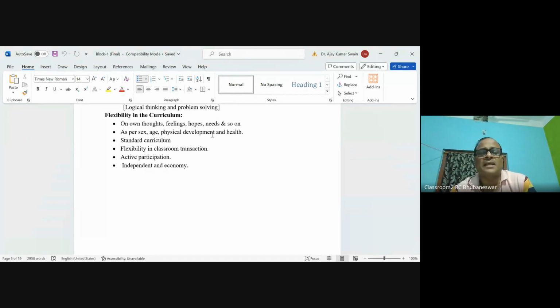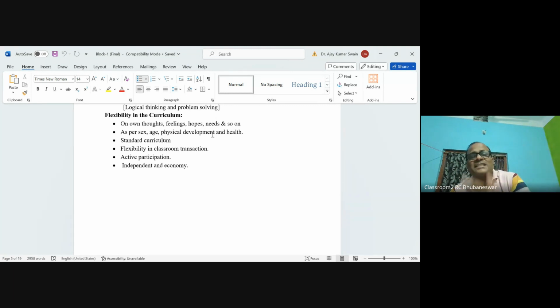So curriculum should be flexible and it should be fixed as per sex, as per age, as per physical development and health. So a standard curriculum is there. BSE, CHSE, university prepare different curricula for different subjects. That is standardized curriculum. Active participation, independent thinking, independent involvement, and economy of management system is very essential.